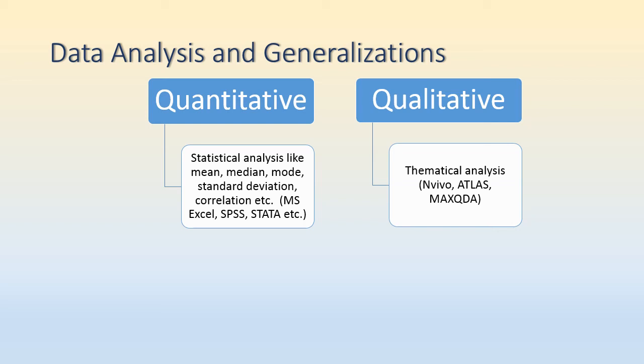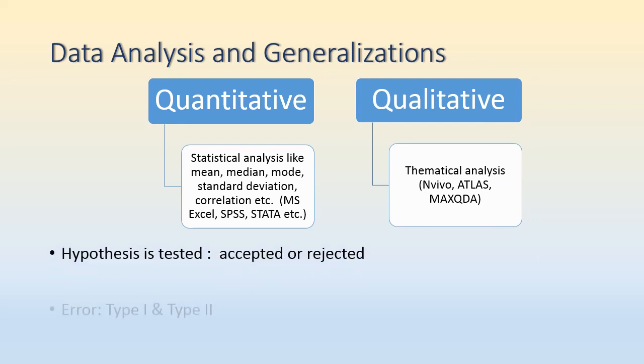When we are considering the error, it is very important to keep in consideration the error which can occur due to several reasons. Chances of error in accepting or rejecting the hypothesis can occur.